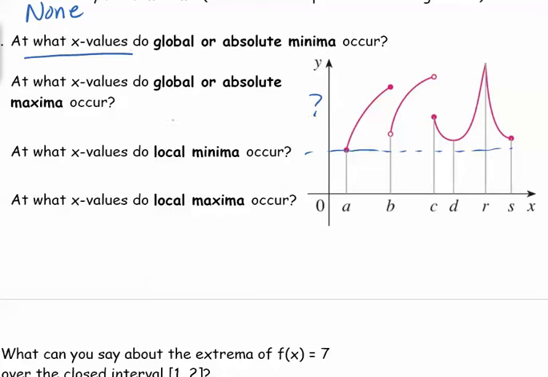So we know that there is a global minimum here at a, so a global minimum at x equals a. So we don't know what the y coordinate is. Global maximum looks like this point is higher than any other. So a global max at r.